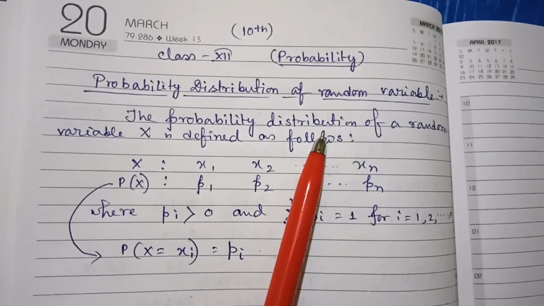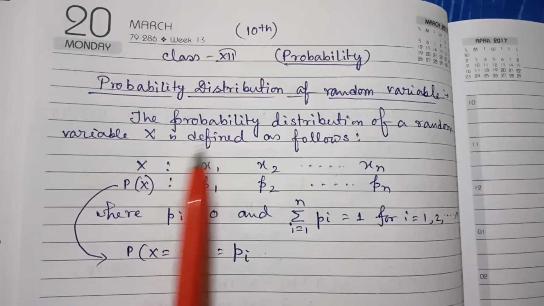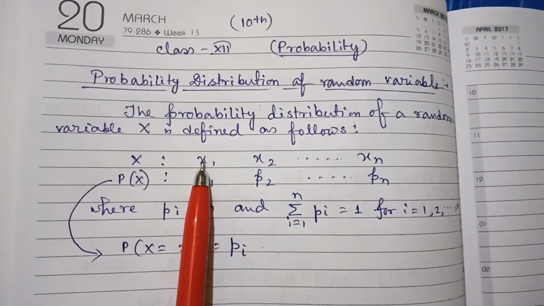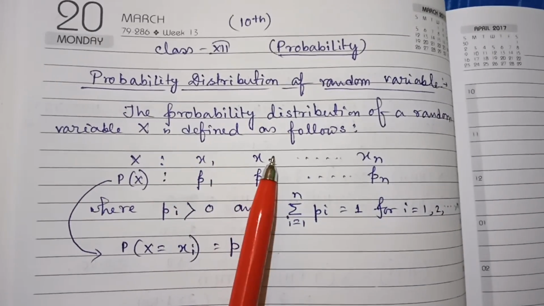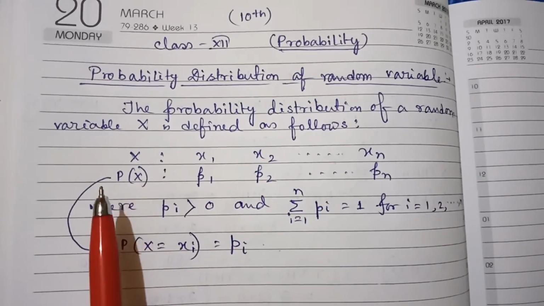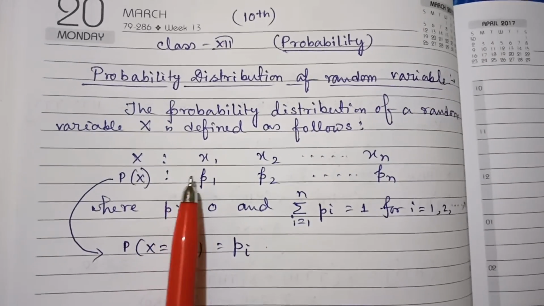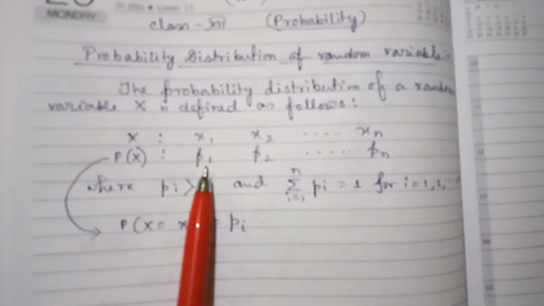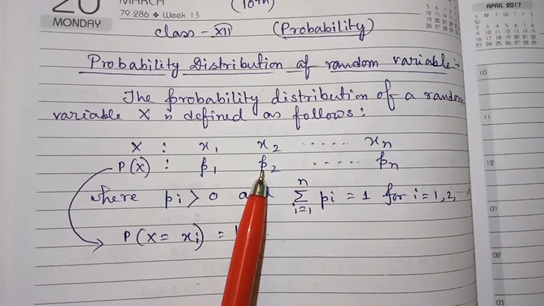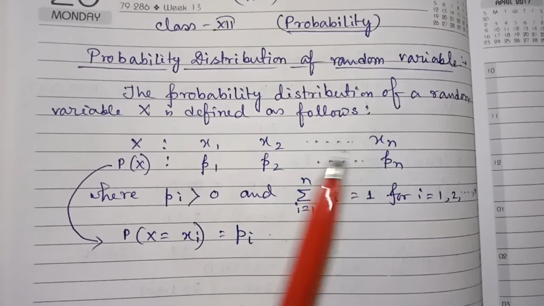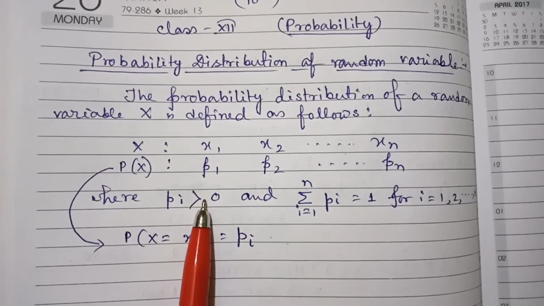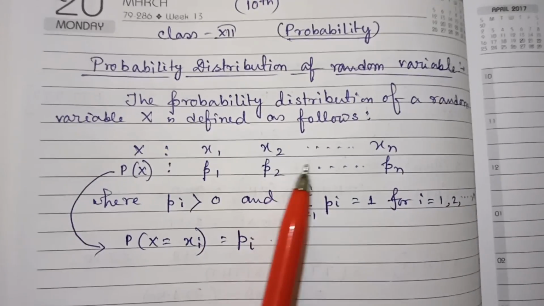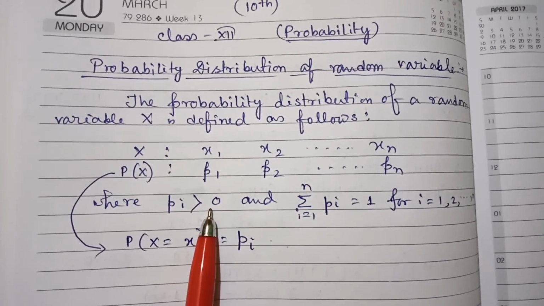The probability distribution of a random variable x is defined as follows, where x can take the values x1, x2, ..., xn, with probabilities p1, p2, ..., pn, where pi is greater than 0. Pi means all of p1, p2, ..., pn must be greater than 0.